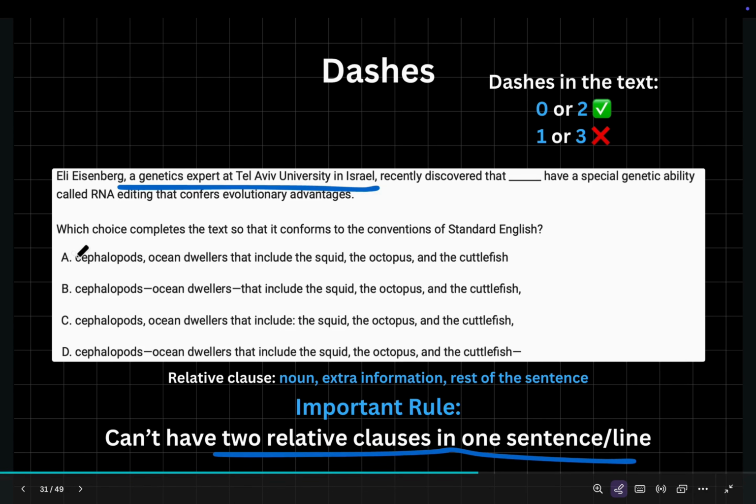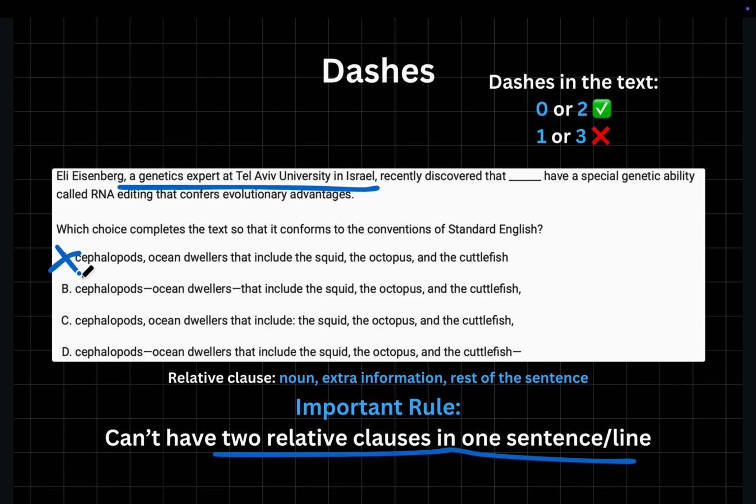Therefore, we will cancel choice A and C because they both use relative clauses and commas, and choice C even uses a weirdly placed colon. So, of course, we are left with choice B and choice D because they both use dashes. Choice B says cephalopods, ocean dwellers that include the squid, the octopus, and the cuttlefish. This means that ocean dwellers describe cephalopods, and this part over here is important information.